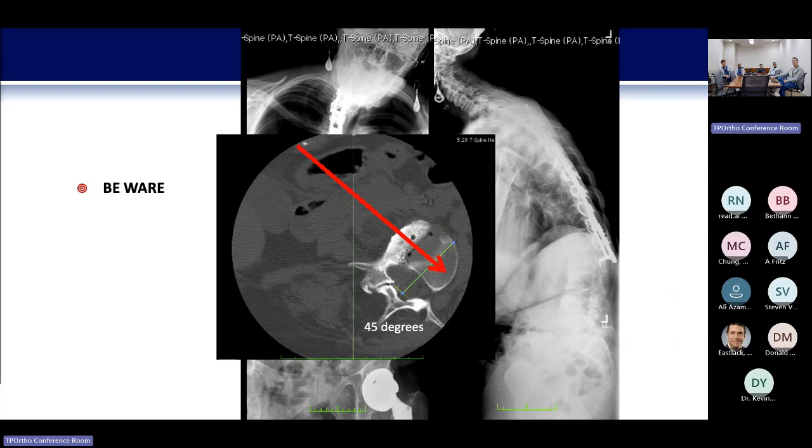That's not ideal. So you're coming in this way though, right? You're trying to work through the retroperitoneal plane to get to the vertebral body. This looks like it's impossible to do. Trust me, it's very possible. It's just a little bit trickier navigating the anatomy and your retractors and stuff like that, but it's totally doable.